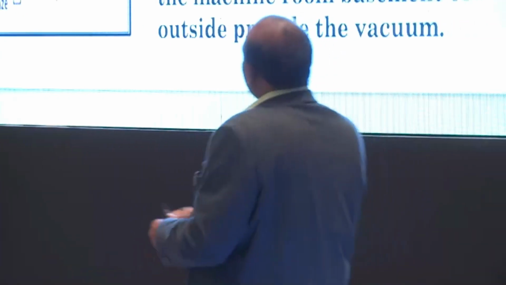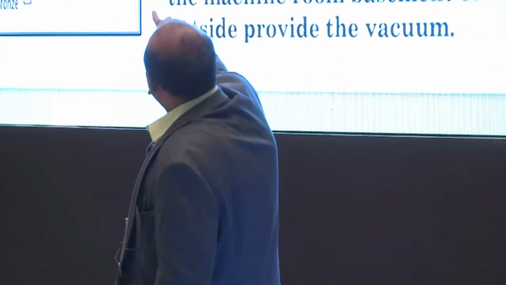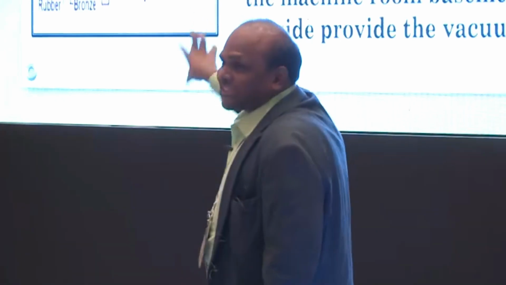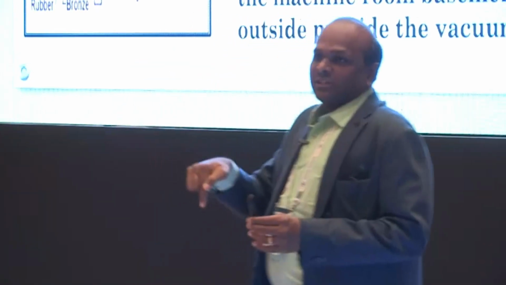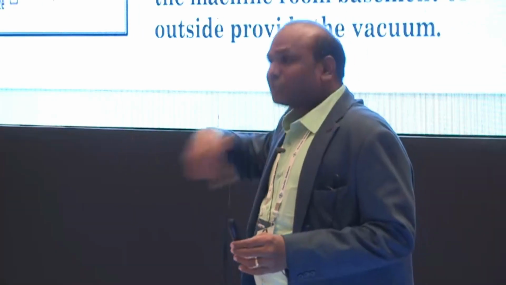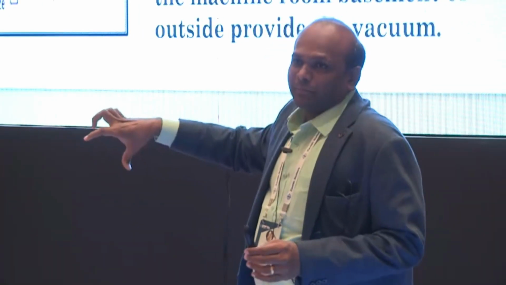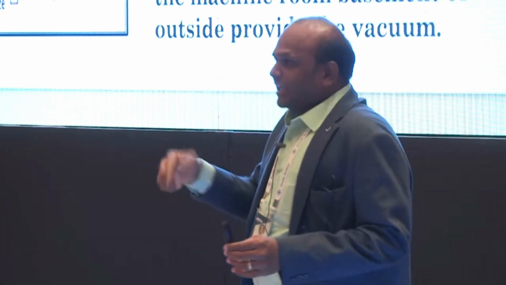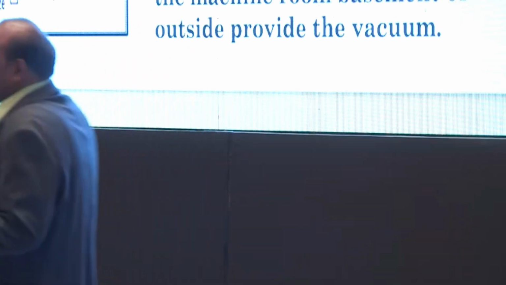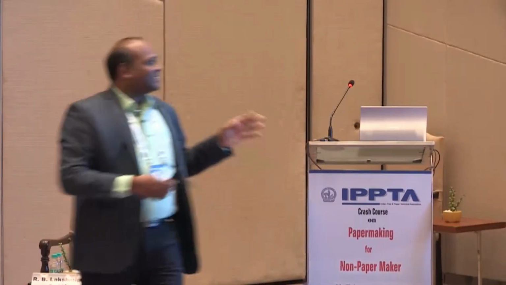Here the top one is a solid roll and the bottom is a suction roll, where there will be drilled holes across the width of the paper roll. That roll will have many drilled holes, like the perforated spatula we use, and in those holes we apply vacuum.